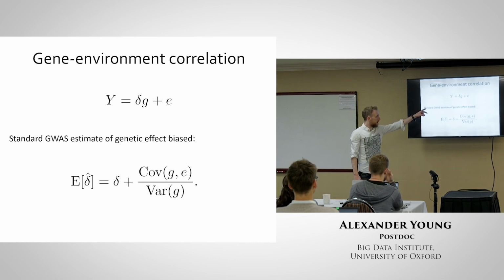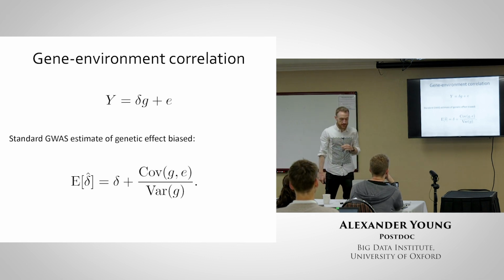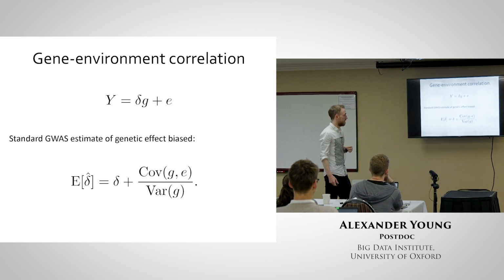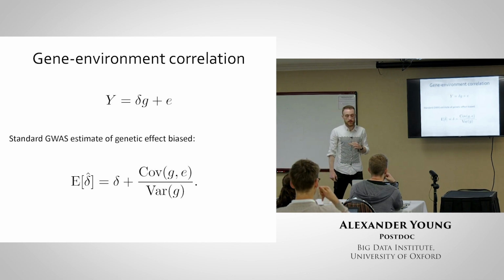Then if that genetic variant G is correlated with the environmental influence on the trait E, your estimate of the causal effect of the genetic variant is going to be biased in proportion to that correlation.